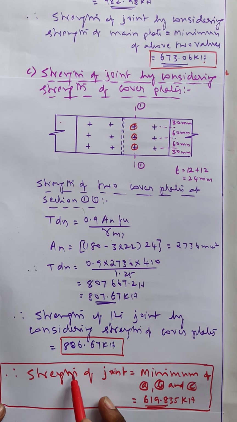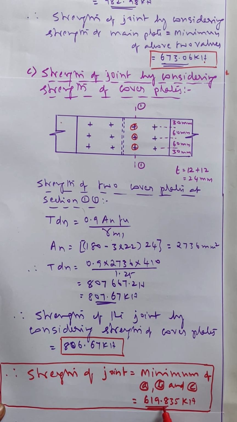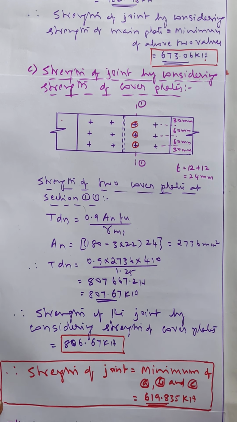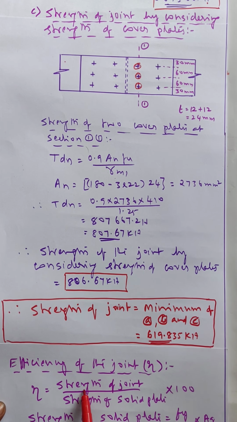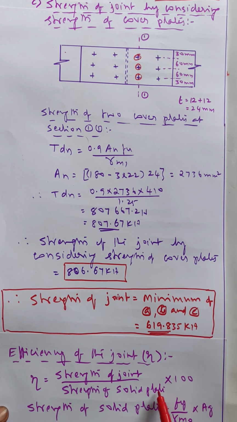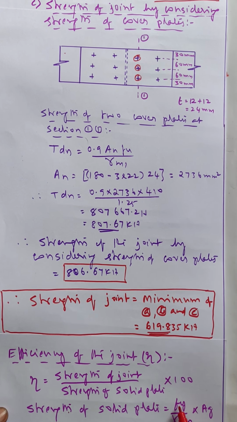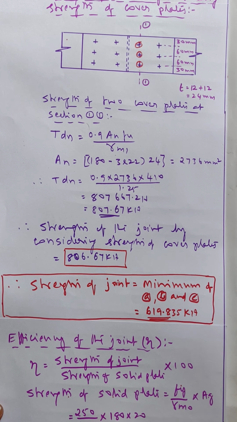Therefore the strength of the joint is the minimum of above A, B and C. It comes 619.835 kilonewton. Now we have to calculate the efficiency of the joint. Efficiency of the joint eta equals strength of the joint divided by strength of solid plate into 100. This is the strength of the joint, already we got. We have to calculate the strength of the solid plate. Strength of the solid plate equals fy by gamma m0 into Ag. Fy, the yield strength of plates for rolled steel section, is always 250 Newton per millimeter square.